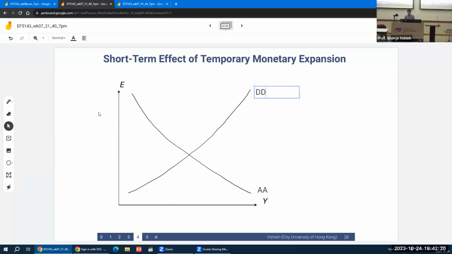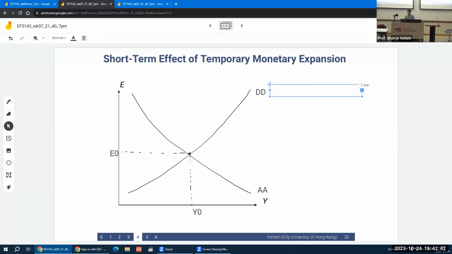We have a starting point here, and we will call that Y naught, and we will have a starting E naught.